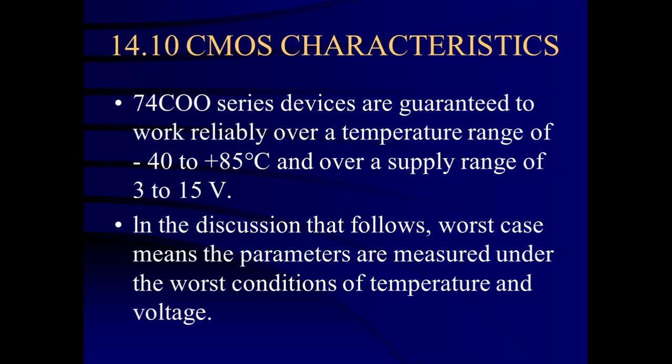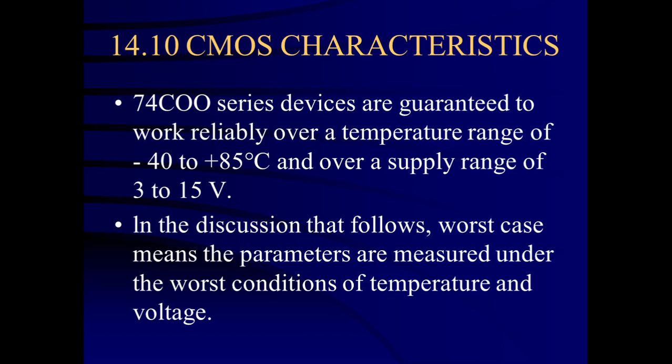Compared to that, TTL can work from 0 to 70 degrees Celsius and exactly 5 volt plus or minus 0.25 volt. That means a +5 volt regulated power supply is required for the TTL. In case of the CMOS, the VCC range is very large, from 3 volt to 15 volt.